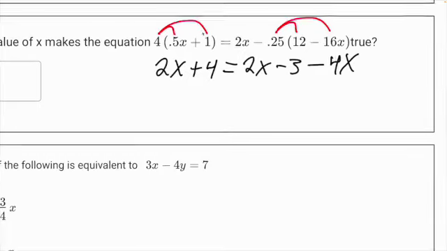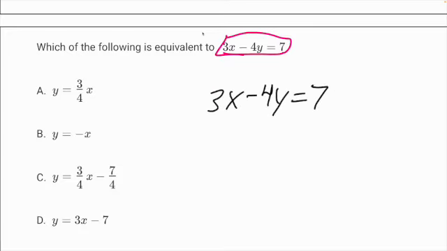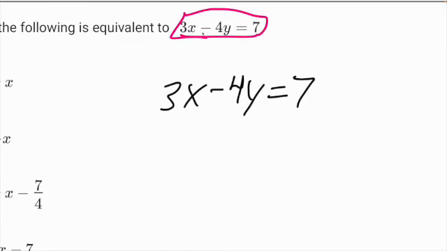Now, last question. Guys, go ahead and write this one down. I do actually want to go over this one here. Write this one down on your scratch sheet of paper. So we have 3x minus 4y equals 7. Sorry, Haley, hang on, sit down. Guys, we need to solve this for y, which means I need to get 3x over to the other side.